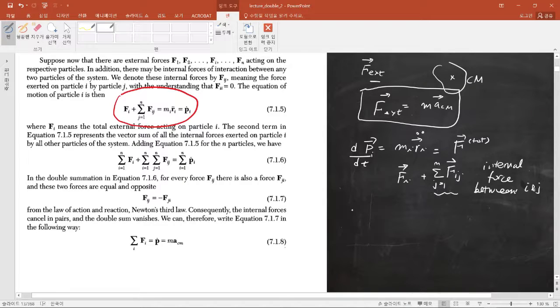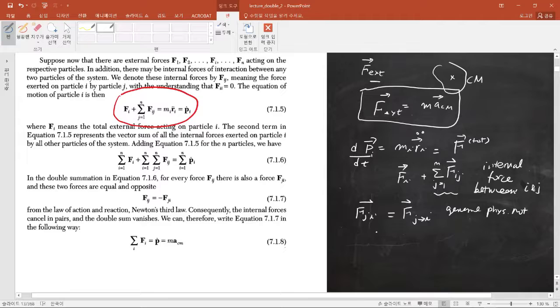Usually we write it as F_ji, the force acting on the i-th particle by j, which is the notation in our general physics. But here it is written as F_ij, so it is in the opposite direction. So this F_ij is the force acting on the i-th particle by the j-th particle.